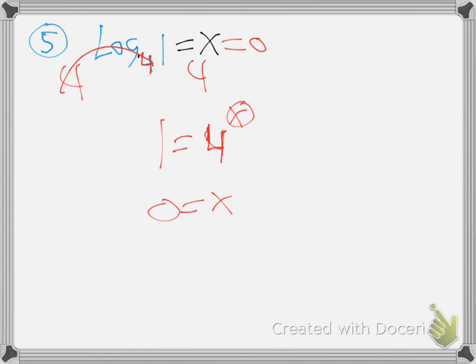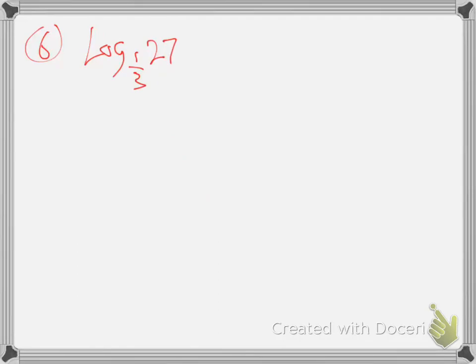So either way, formal or informal. Let's try another: log base 1/3 of 27. Try that one. Formally, I would go equals x, and then get rid of the log word by doing the base on both sides. You can do it either way, formal or informal.